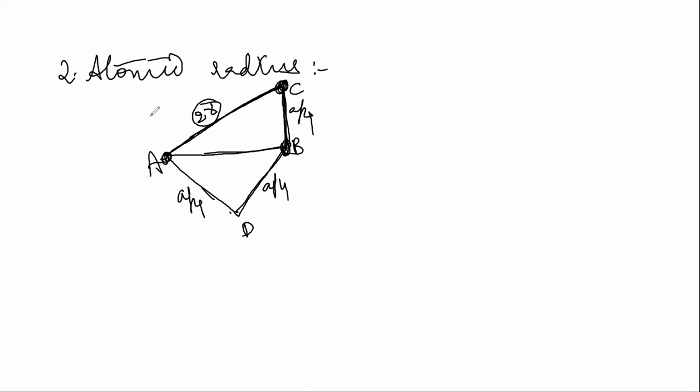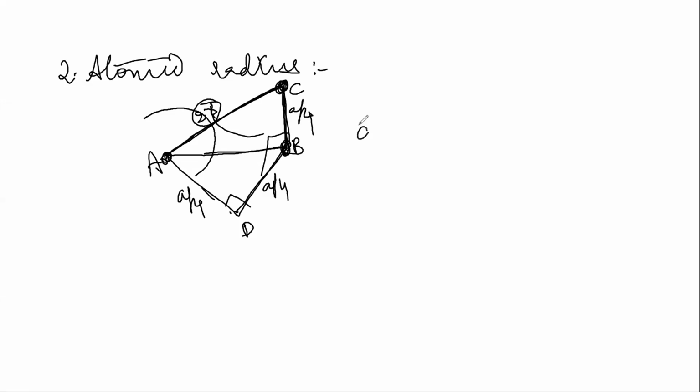Because here one atom is shared here, another atom is shared here. Here r and r will give 2r, as I explained in the previous classes. Right? Now from this diagram, I can calculate AB. Since it's a right angle triangle, it has a right angle here.